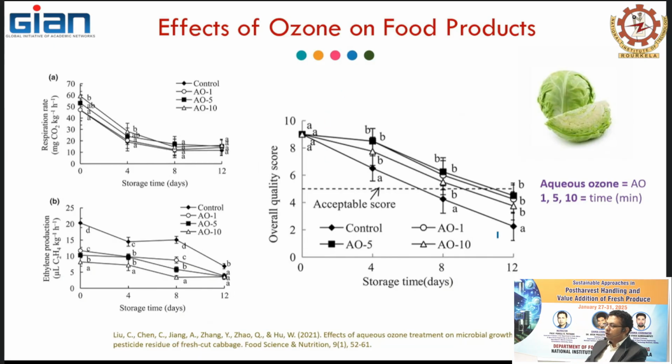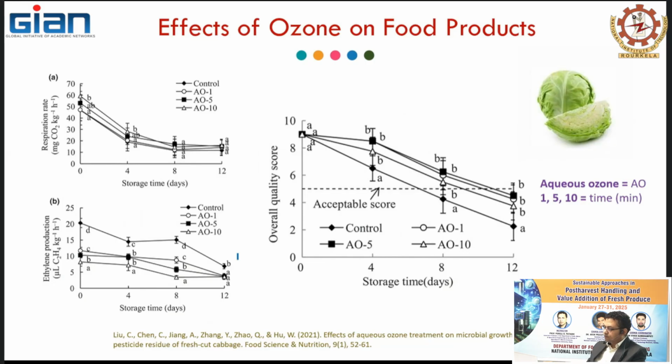So when they use ozone here and look at different doses, from one to different timings, keeping a similar dose, and they look at the respiration and transpiration, they found that when treating for a longer period, it gives better results in terms of respiration and ethylene production.